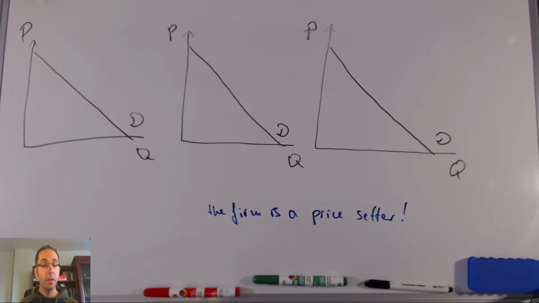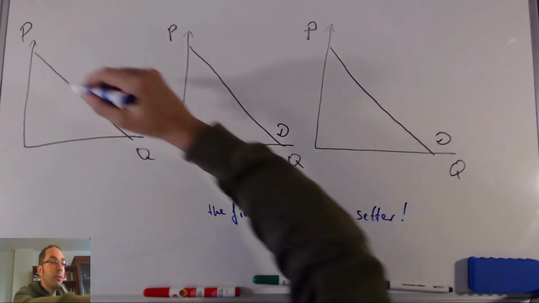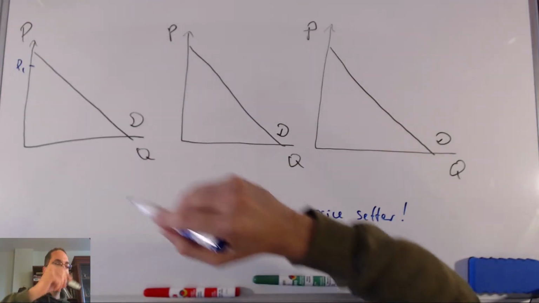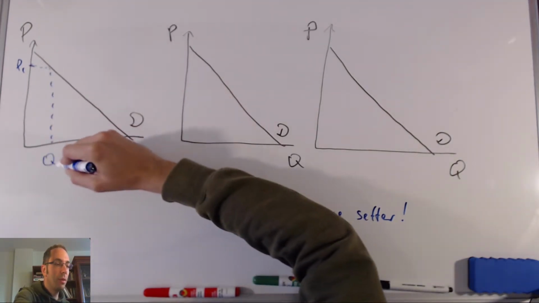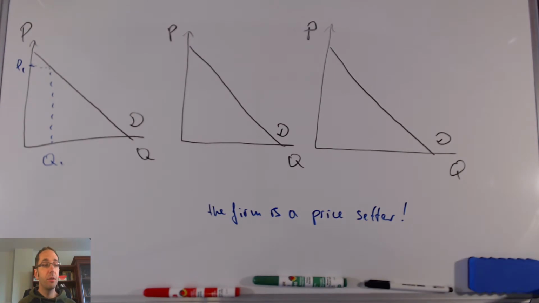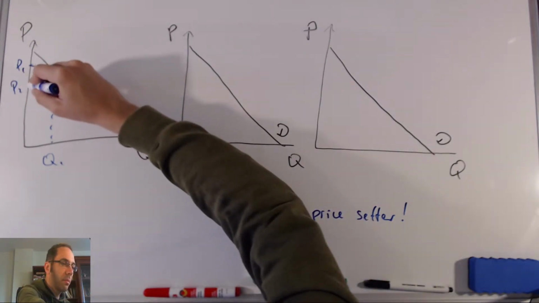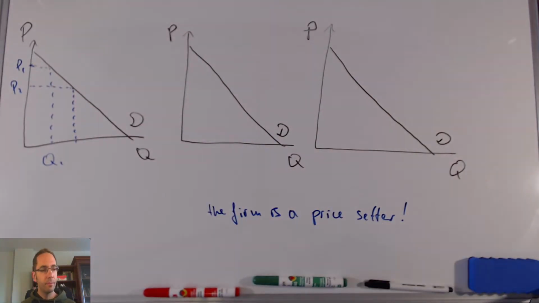Okay, let's choose two different prices. Imagine that this is the original price P1 and the original quantity Q1, and the firm decides to lower the price from P1 to P2. Like this.